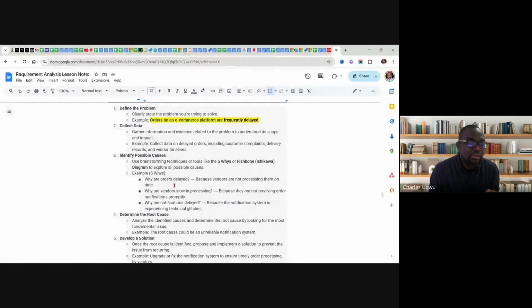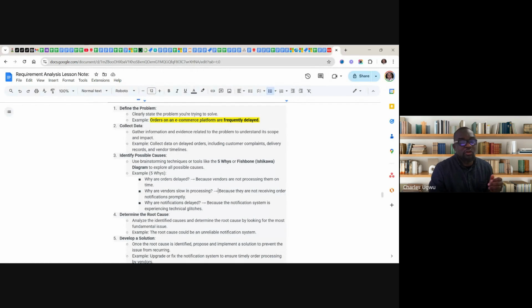Why are orders delayed? Because vendors are not processing them on time. Okay, why are vendors slow in processing? Because they are not receiving order notifications promptly.